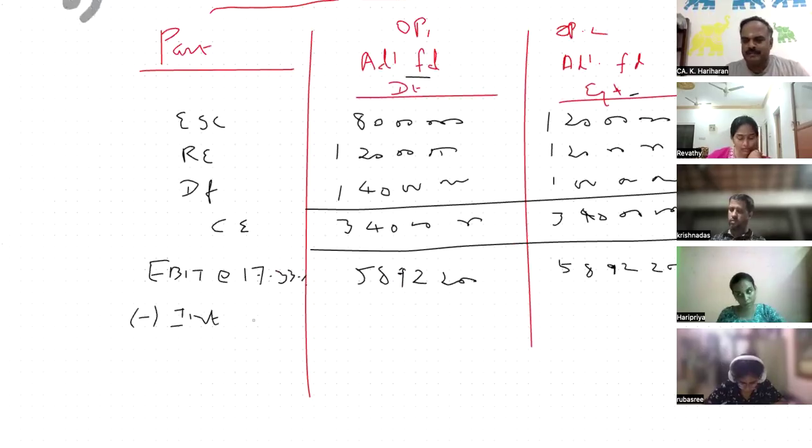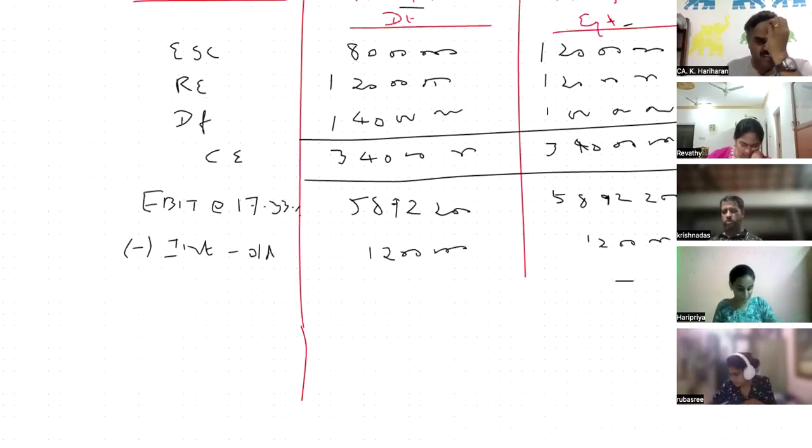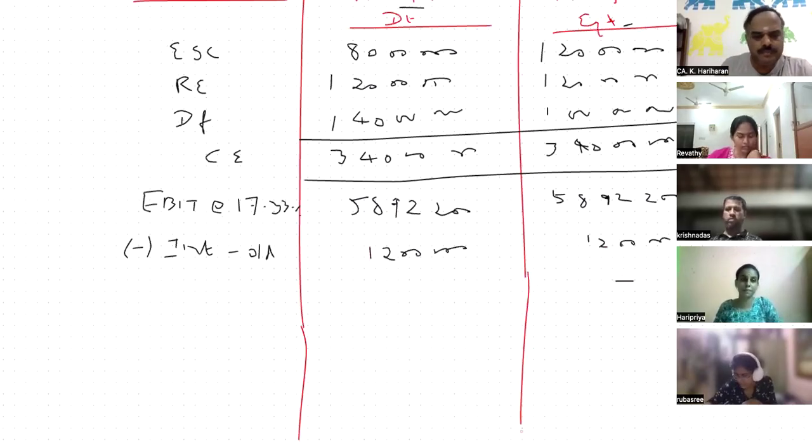Am I right? Yes, sir. What interest rate is mentioned in this question? 14%, the interest rate on additional amount borrowed. 14% on 40 lakhs comes to 5,60,000.